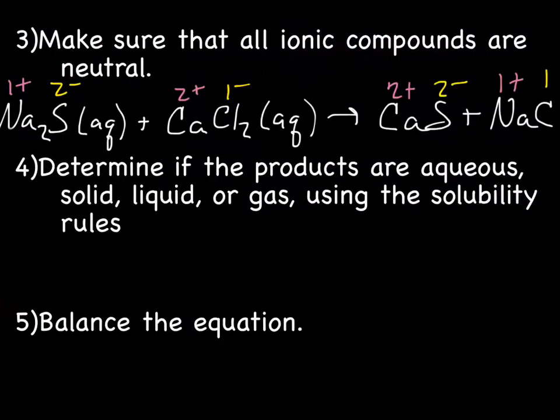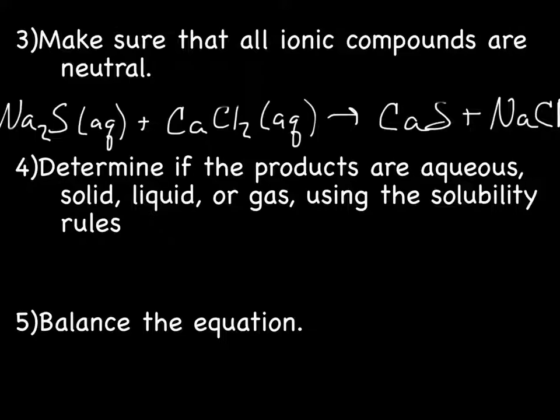Now make sure that all ionic compounds are neutral. We have 2 plus and 2 minus for the calcium and the sulfide, so that's good. And 1 plus and, oh, the Cl got cut off. Put it back. And 1 minus for the sodium chloride, so that's good. These were already neutral, so we can get rid of all of those. Now all our ionic compounds are neutral.